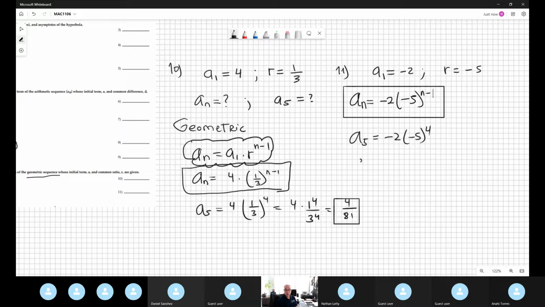Oh god, okay. So A to the fifth power is -2 times (-5) to the fourth power, which is 5 times 5 times 5 times 5. 5 times 5 is 25, 25 times 25 is 625, but positive, because the exponent is even. Multiplied by -2, it's minus 1,250.